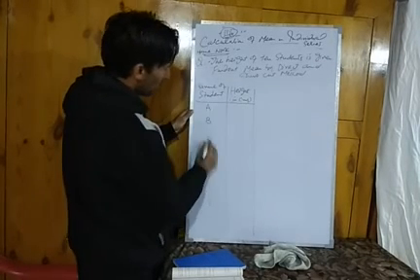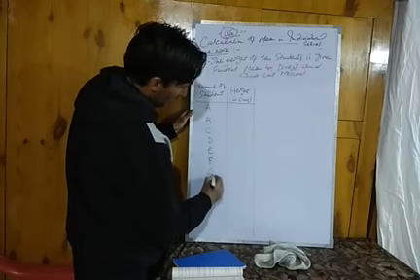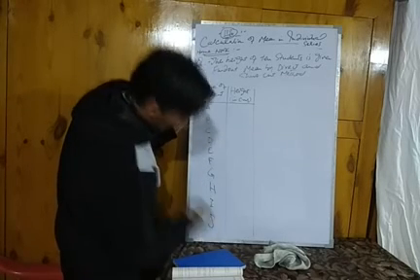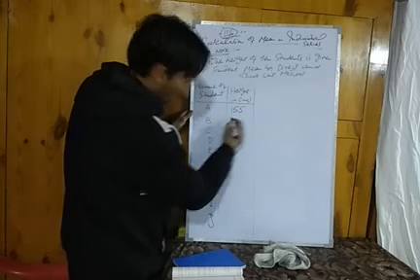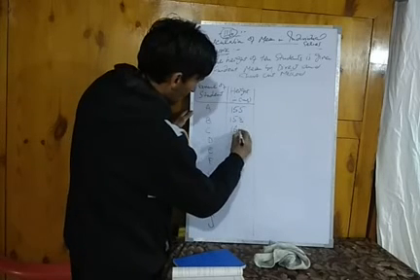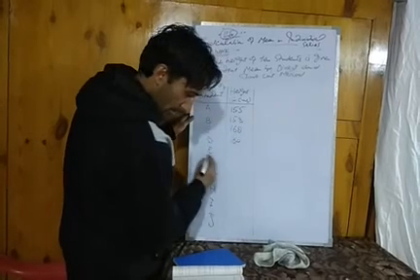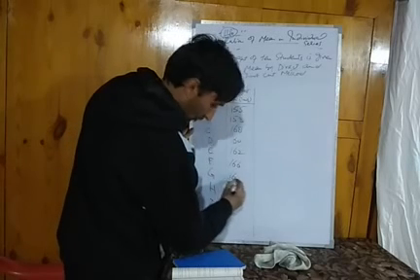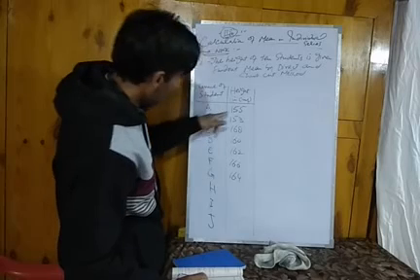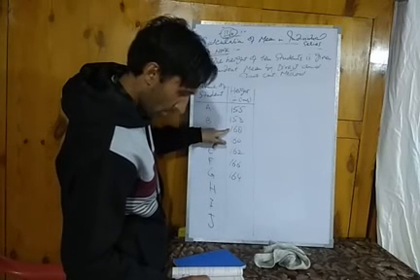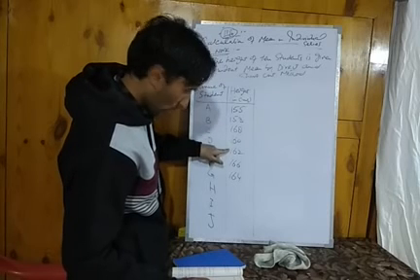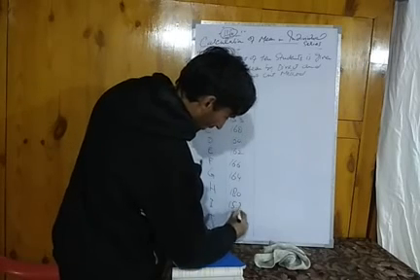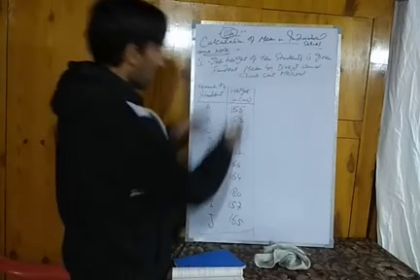Students A, B, C, D, E, F, G, H, I, and J. Height is 155 centimeters, 153, 168, 160, 162, 166, 164, 180, 157, and 165. So this is the height of 10 students.